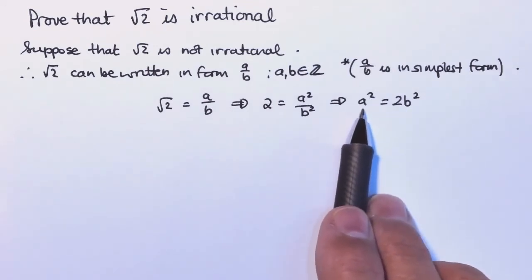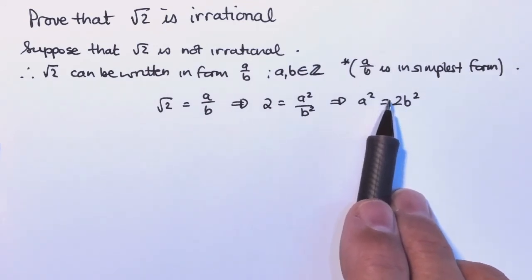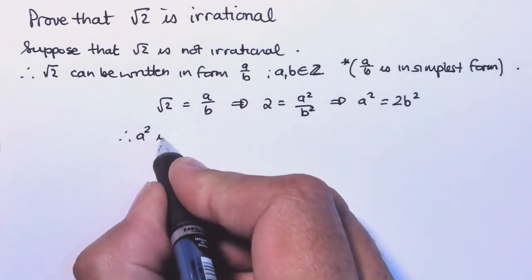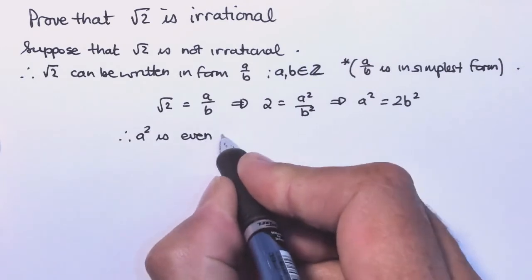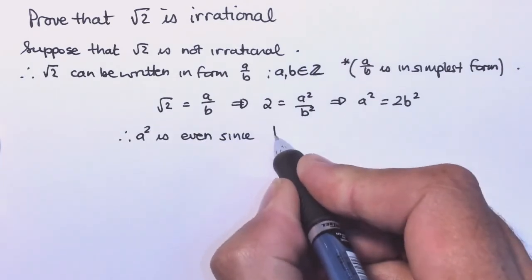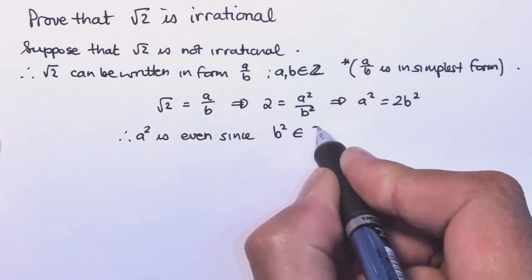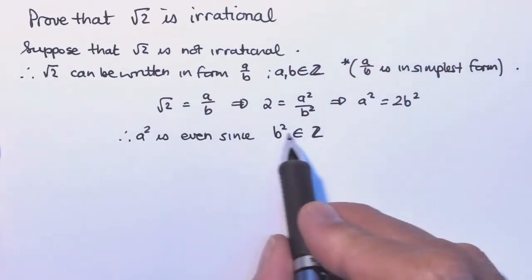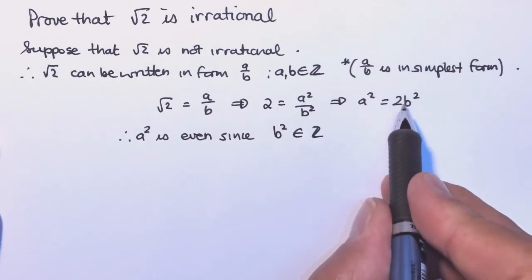a squared equal to 2b squared tells us that a squared is even. Why? Since b squared is an integer, and because b squared is an integer, 2b squared is a multiple of 2.